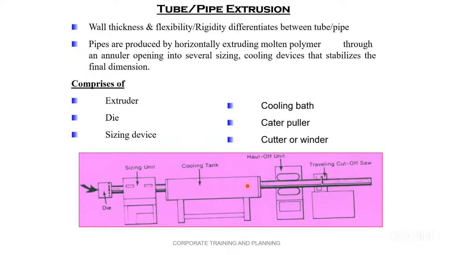Hence, this cooling tank size and length depends on that. How does the cooling tank size get affected? Can anybody judge the length of the tank for amorphous material and for crystalline material?